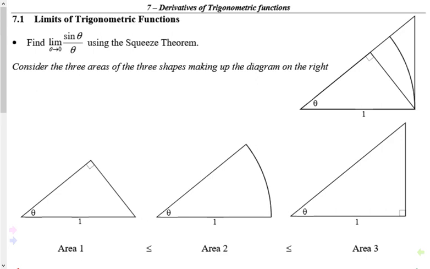And so you'll see here, beneath the heading for 7.1, we want to find the limit as theta approaches 0 of sine theta over theta. Now, as we have discovered in the past, sometimes we have limits where the numerator and denominator are both approaching 0.